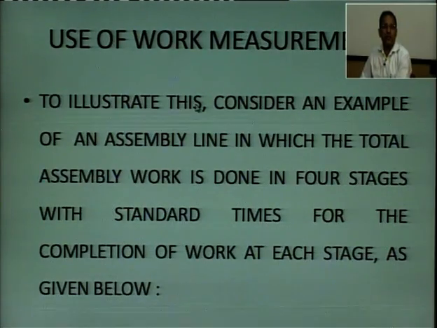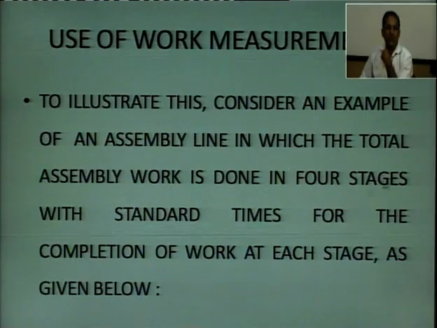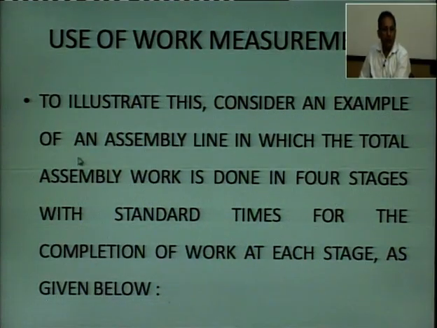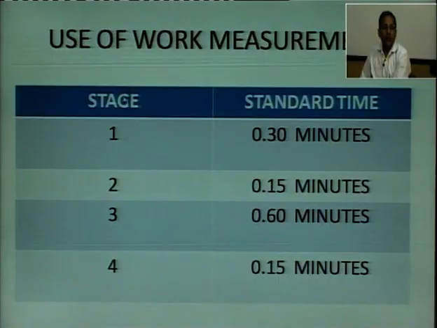To illustrate this, consider an example of an assembly line in which the total assembly work is done in 4 stages with standard times for the completion of work at each stage as given below. Stage number 1, the standard time is 0.30 minutes.